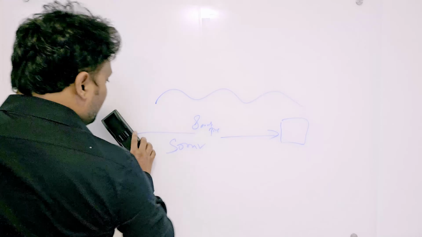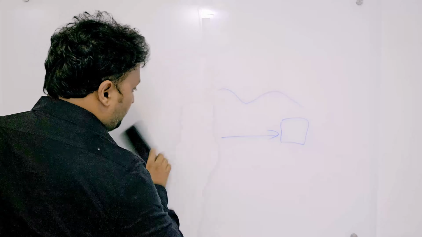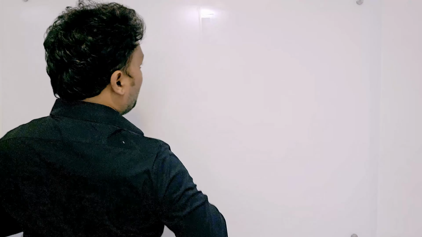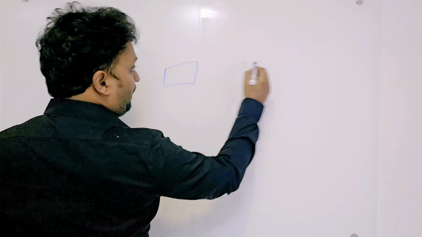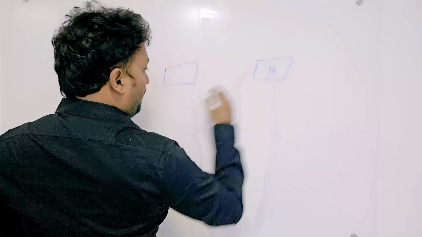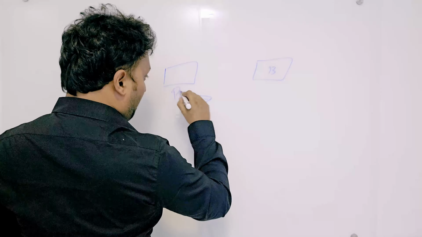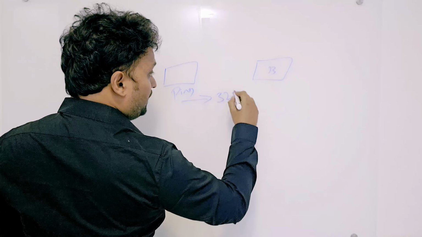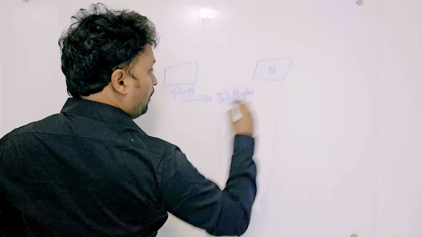Now, like I mentioned, in computers we have computer A and computer B. By default, when we do a ping command, it will send 32 bytes of data 4 times.